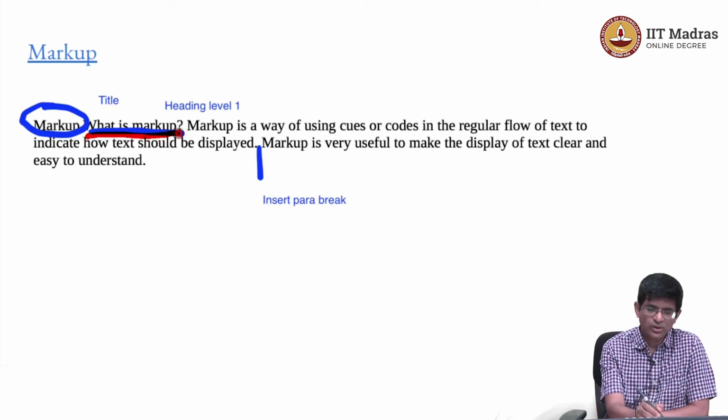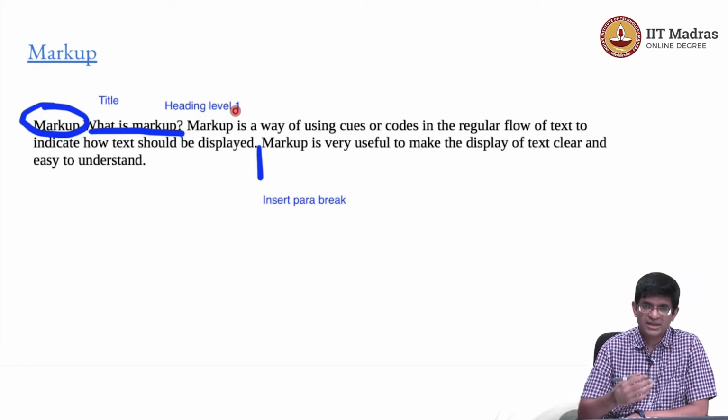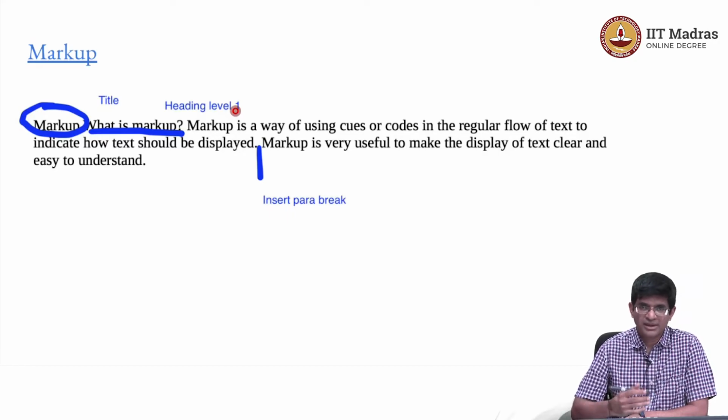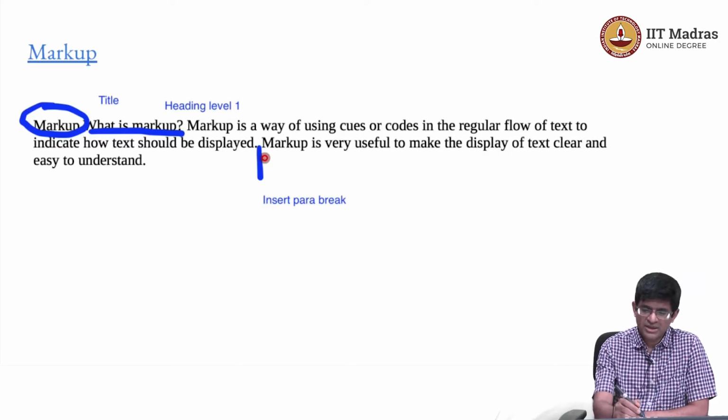Then you have this question over here, what is markup? Rather than just having it as a question in the flow of the text, why don't you make it a heading so that it becomes a bit more easy to understand what this part of the writing is about. Not just that, insert a paragraph break over here because it helps to make this a bit more clear and easy to read, okay?